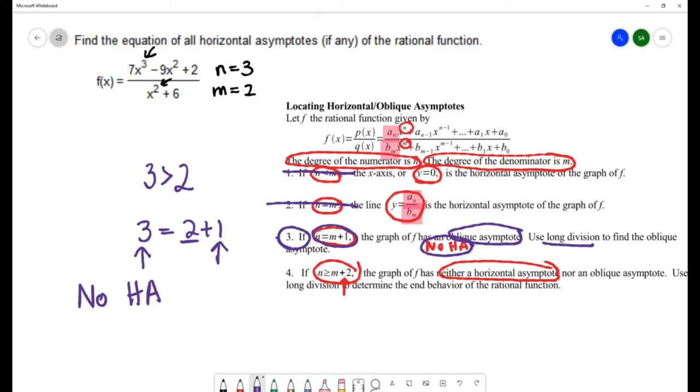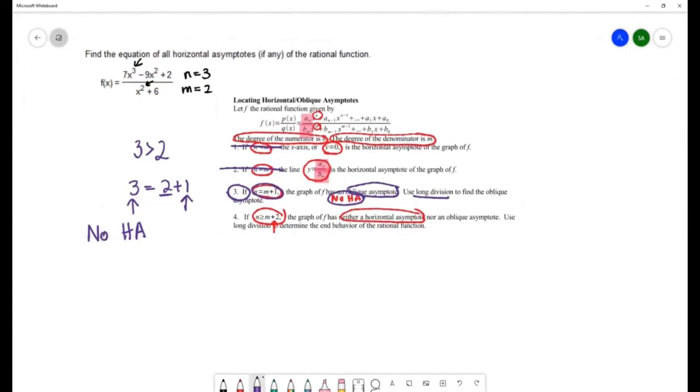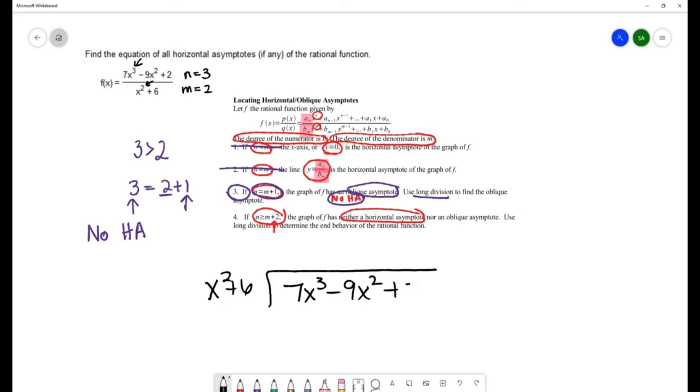So let me zoom out for a second just to give you an idea of how this process would go. You would take your denominator and divide it into the numerator. And this is long division. I would think, what can I multiply by x squared to get 7x cubed? That's a 7x.